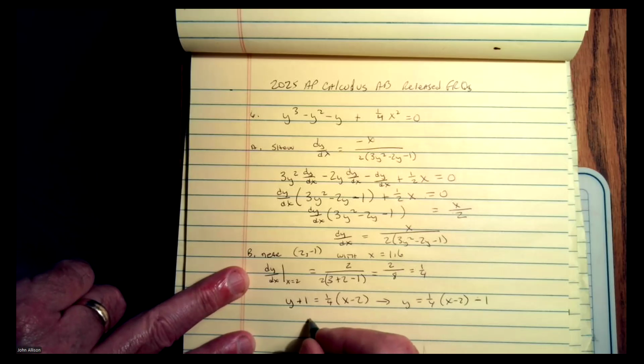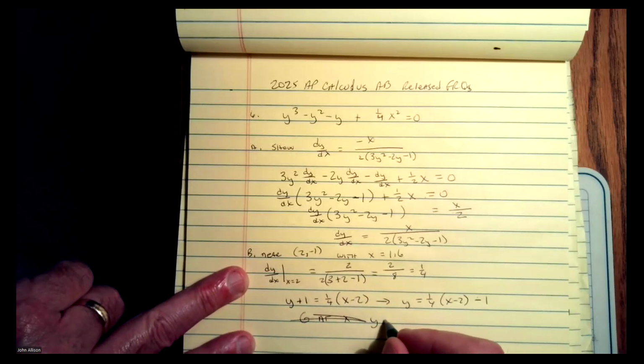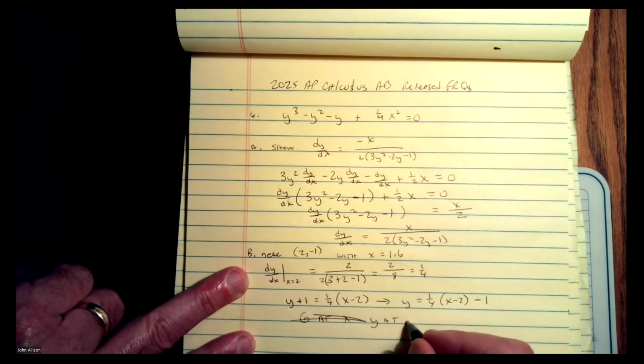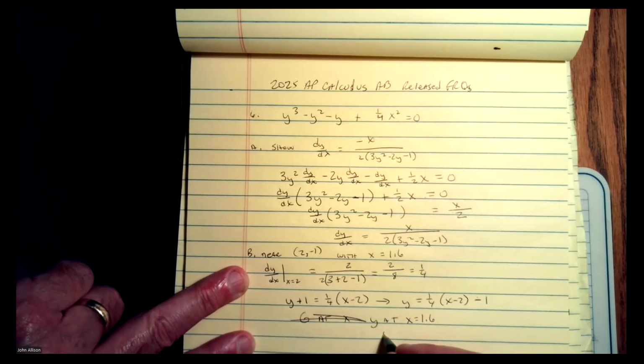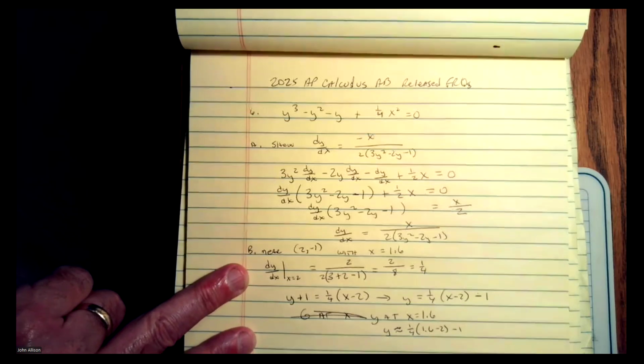So the approximation for g, that's the y value, at x equals 1.6, y is approximately equal to 1/4 times (1.6 minus 2) minus 1.